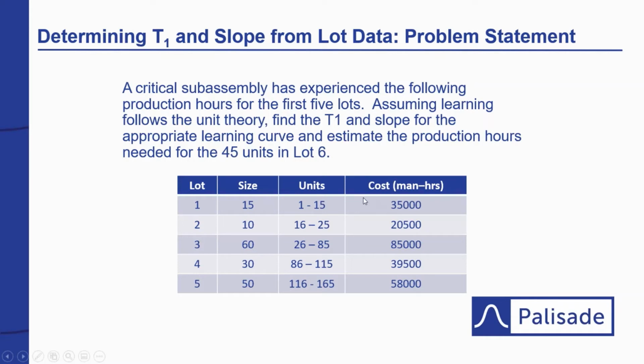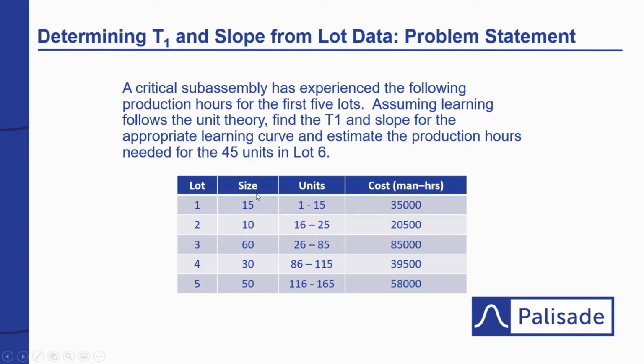If this had been presented to me as data for individual units within the lot, and I have the cost or the man hours associated with each individual unit, then I could just do the transformation I mentioned a moment ago and fit a regression line through that data. I don't have it that way.